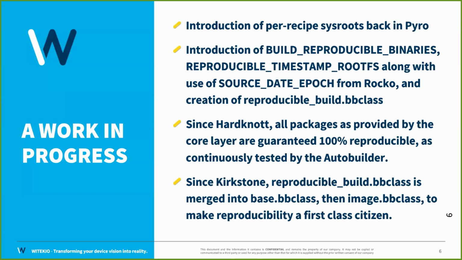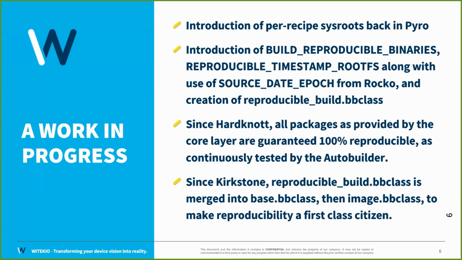And to that aim, other variables were introduced, REPRODUCIBLE_TIMESTAMP_ROOTFS, and SOURCE_DATE_EPOCH, which isn't Yocto specific, a standard variable used from the environment by many open source projects to remove the non-reproducibility introduced by build dates inside, for instance, ELF files.